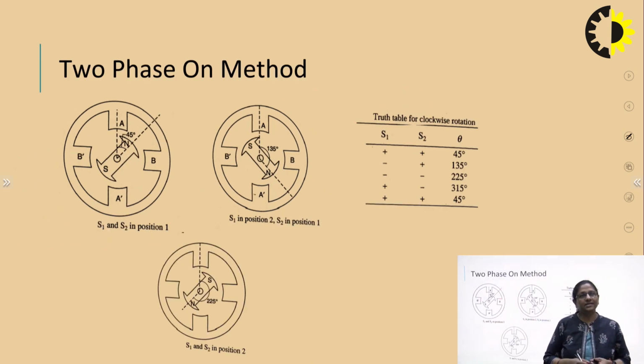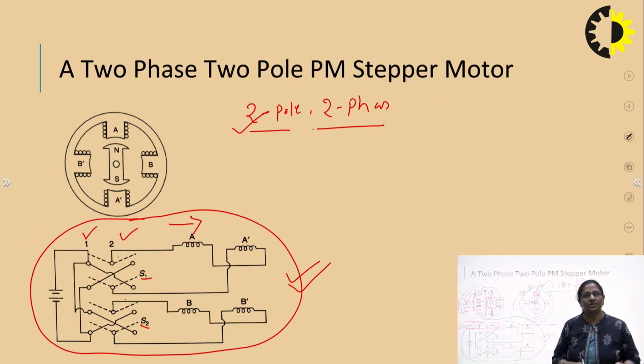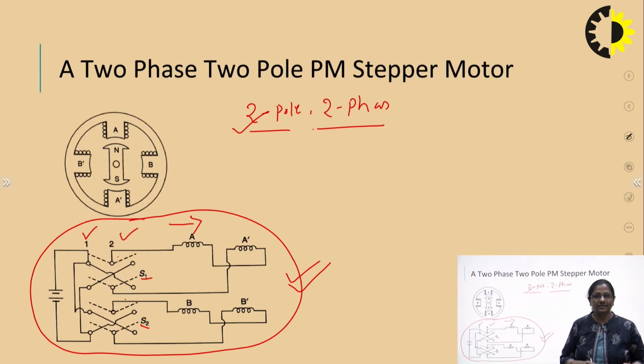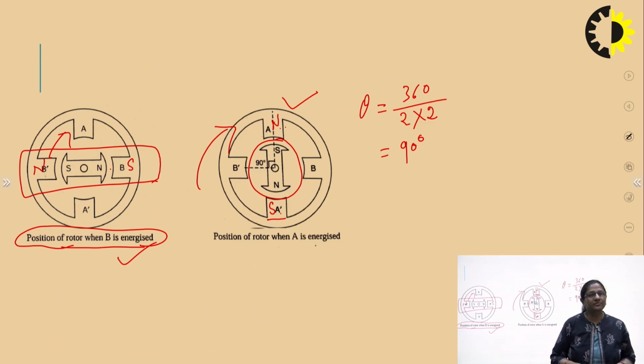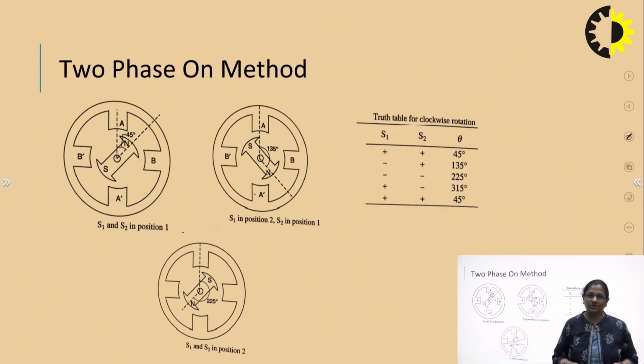Now let us consider another method, and in this particular method, the two phases are excited at a time, right? So, the two phase on method. What does it imply? The two phases are excited, and depending upon the direction of current, which is decided by the position of switch S1 and switch S2, what are the various possible ways?